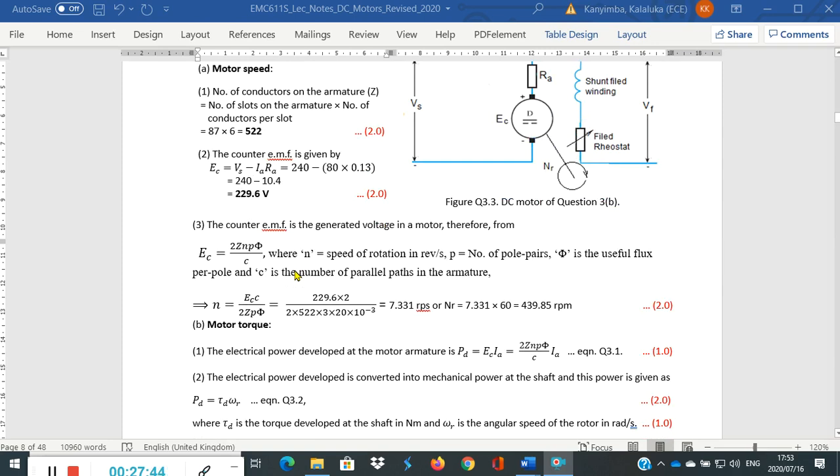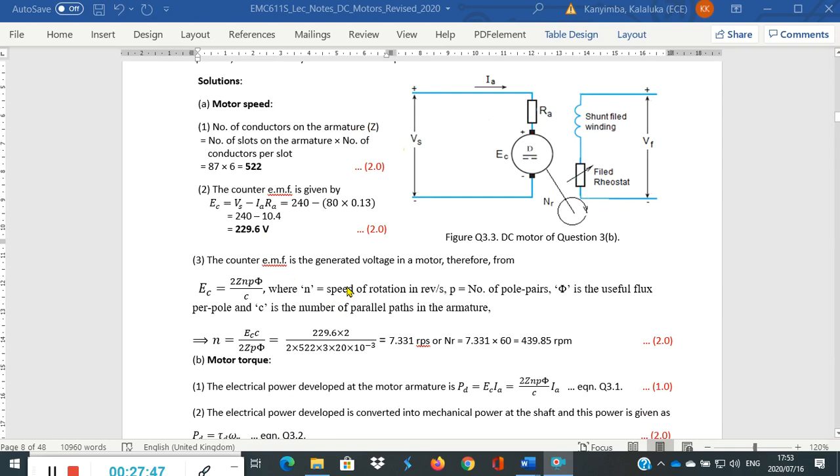Now, the counter EMF of a motor is the generated voltage in the motor. Therefore, we can use the formula of the generated voltage in a generator, only that this time we are calling it EC. EC is equal to 2 times Z, the number of conductors on the armature, times N, the speed of the armature in revolutions per second, times P, the number of pole pairs, times phi, the useful flux per pole, divided by C, the number of parallel paths in the armature.